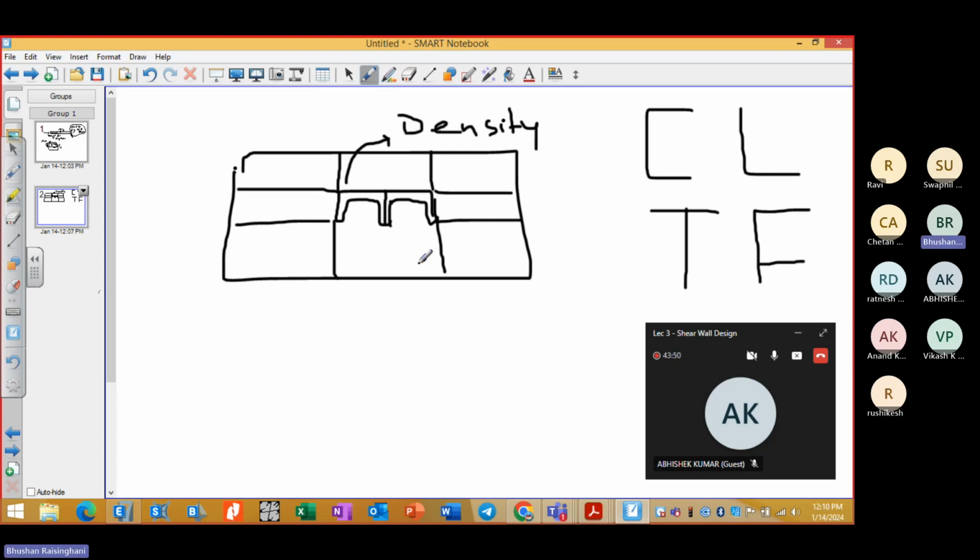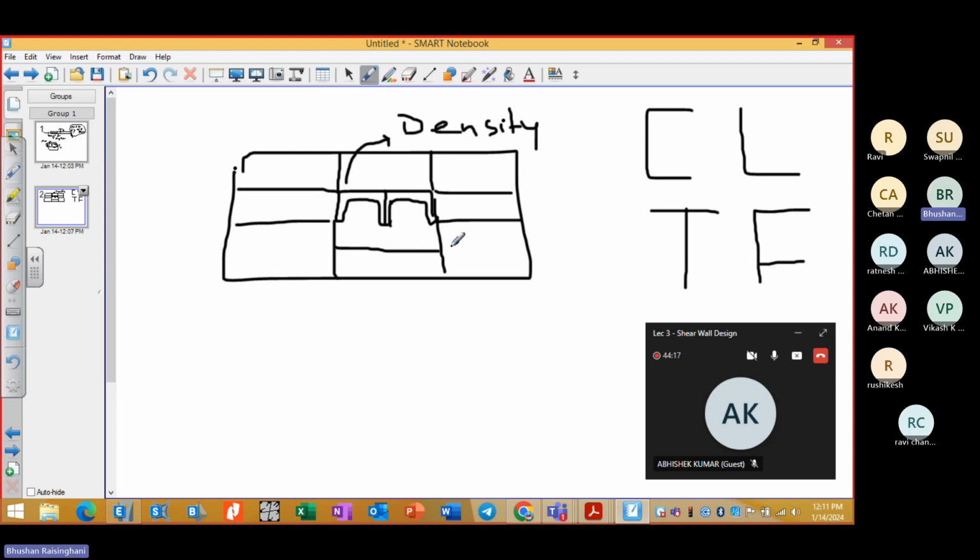So there are two ways. There is a staircase well. Generally, it is near to the core of the building. So if this is the lift well connected with the core, that also should be inside the shear wall. So your staircase should be covered with the shear wall as per the requirement of the code. So your staircase cannot be without shear wall. It should be enclosed within the shear wall, and it should have good earthquake resistance generated due to the presence of the shear wall.